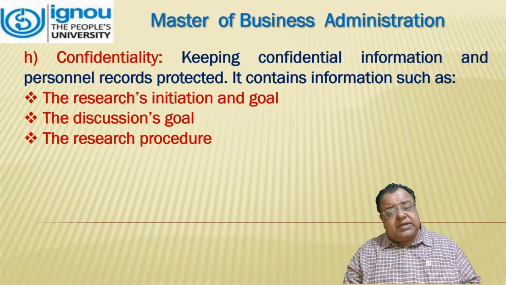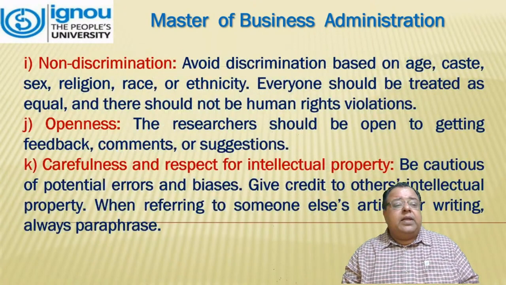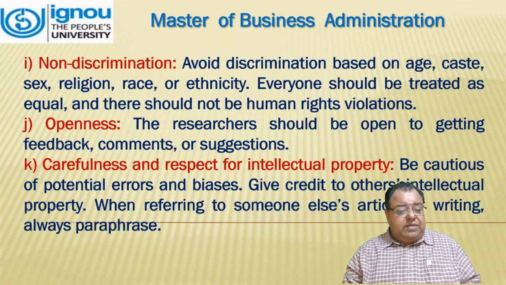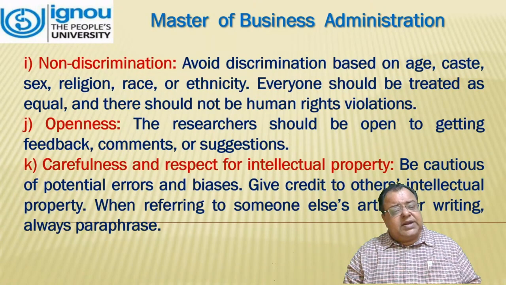It contains information such as the research initiation and goal, the decision goal, discussion goals, and the research procedures. Non-discrimination. Avoid discrimination based on age, caste, sex, religion, race, or ethnicity.